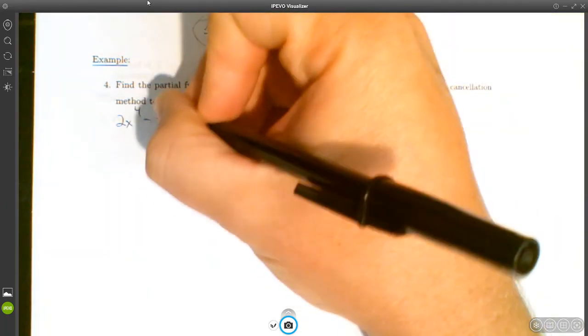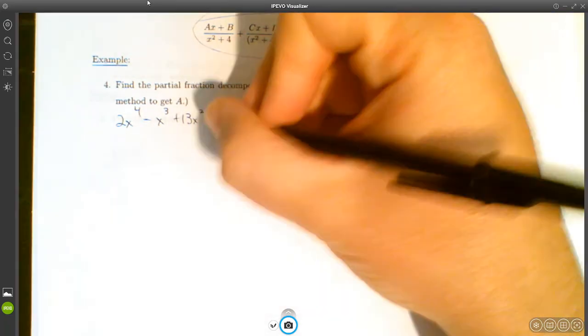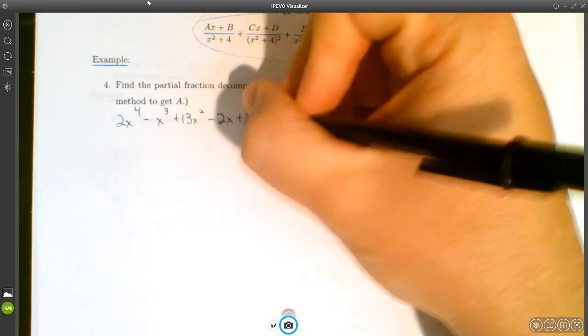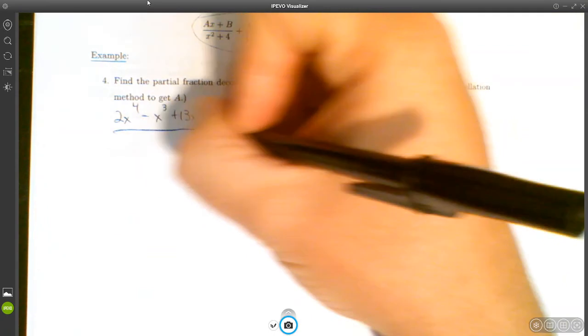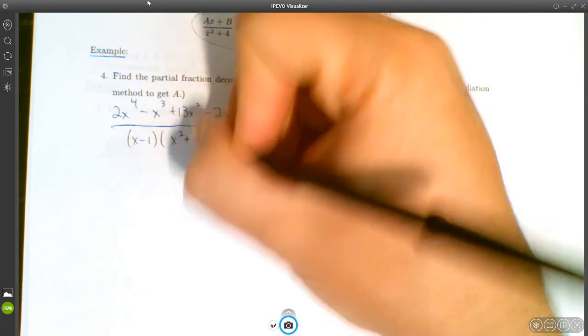So let's set up the partial fraction decomposition. We've got 2x to the fourth minus x cubed plus 13x squared minus 2x plus 13 over x minus 1 times x squared plus 4 squared.